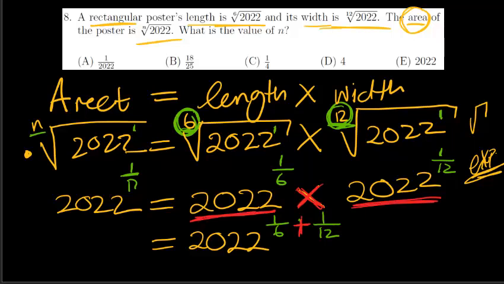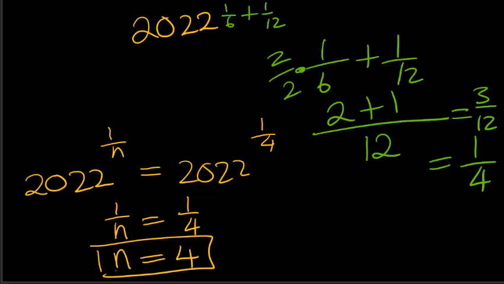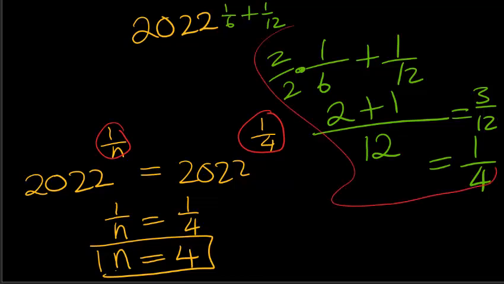So I have the same base, I add the exponents, and what I get is 1 over n is equal to 1 over 4, because I did this fraction. And since 1 over n is equal to 1 over 4, n is equal to 4.